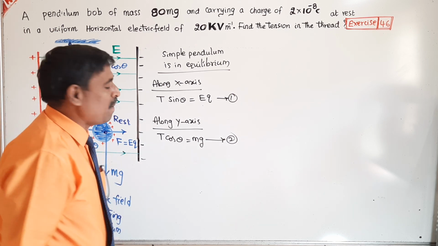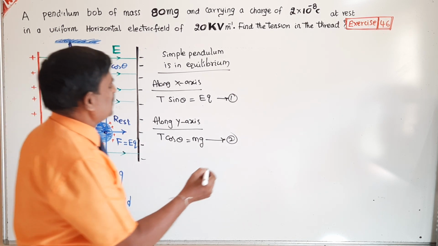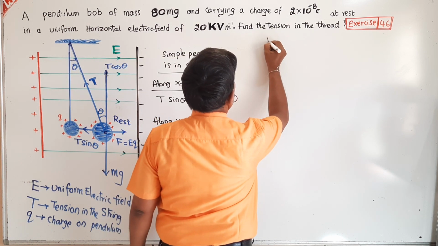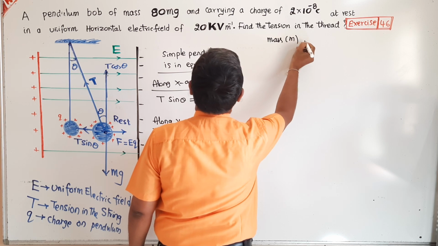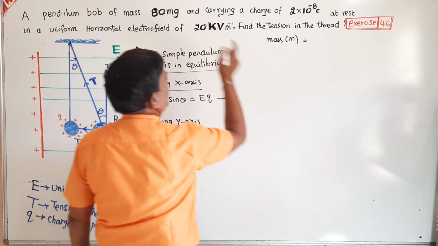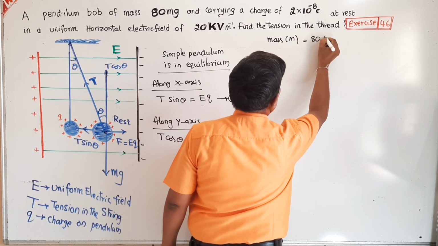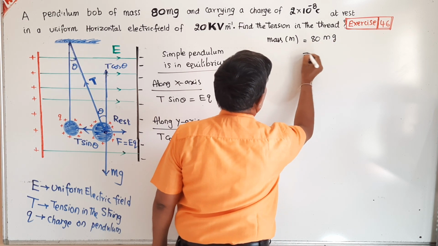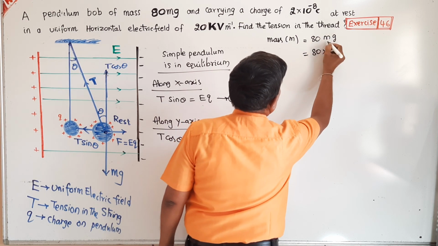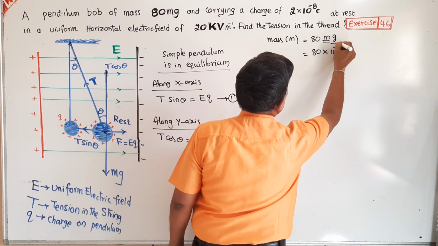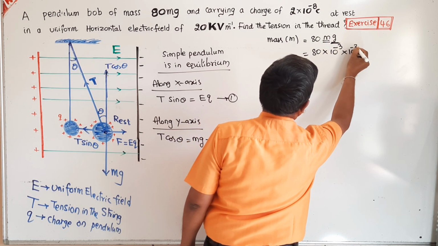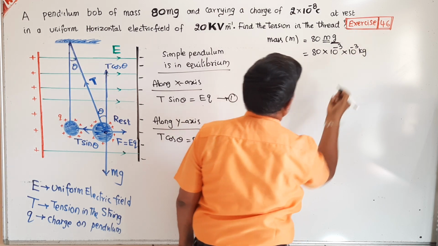In this problem, the mass of the pendulum is given as 80 milligram. Milli means 10 power minus 3. Gram means 10 power minus 3 kg.